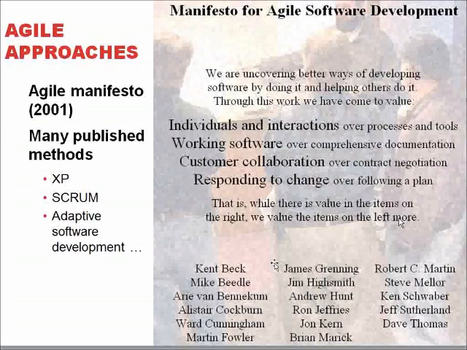So basically the manifesto says that individuals and interactions should be emphasized over processes and tools, and working software is the only reasonable measurement of work, instead of comprehensive documentation of what we have planned or what we are going to do. Customer collaboration, working with the customer instead of making a deal or business agreement and then having contract negotiations, is also the third main idea of the Agile Manifesto.